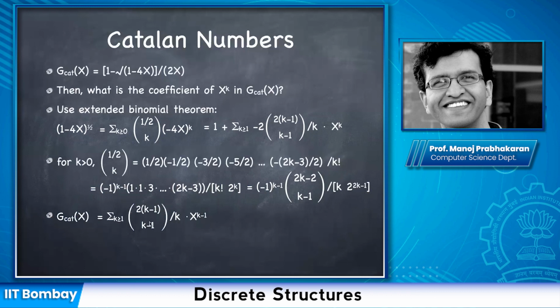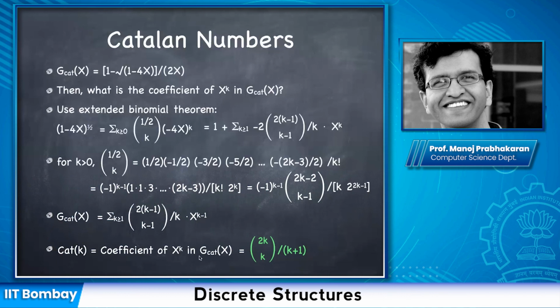Now, we want to find cat k, which is the coefficient of x to the power k in this thing. So by substituting variables, for summation k minus 1 greater than or equal to 0, right? So take this k minus 1 to be k. What you have is 2k choose k divided by k plus 1 times x to the power k. That's what the summation is over, right?